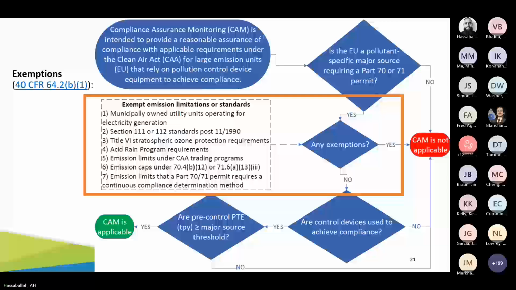And the emission unit subject to the amendment would be exempt from CAM.